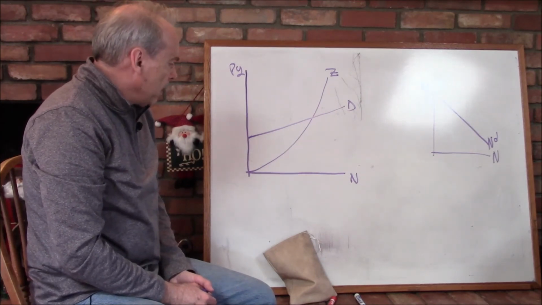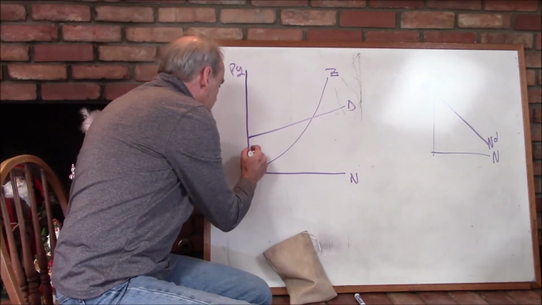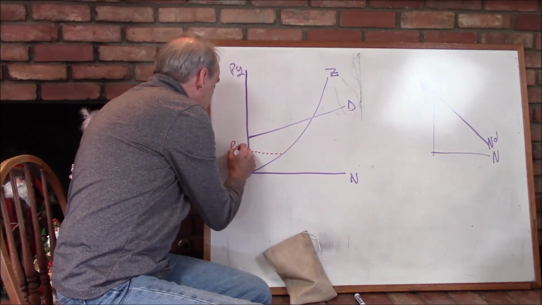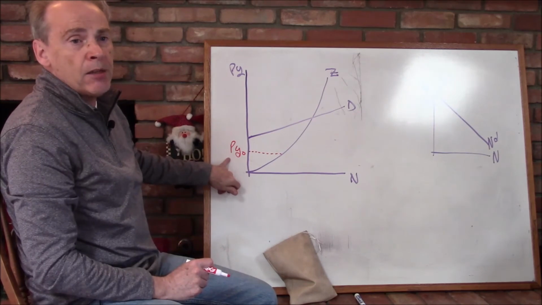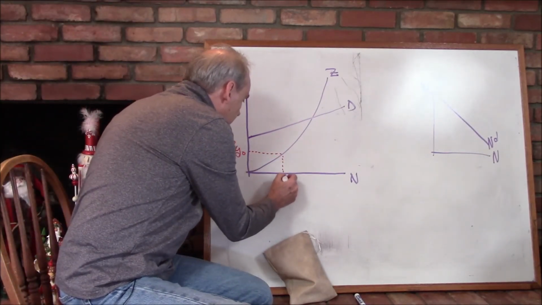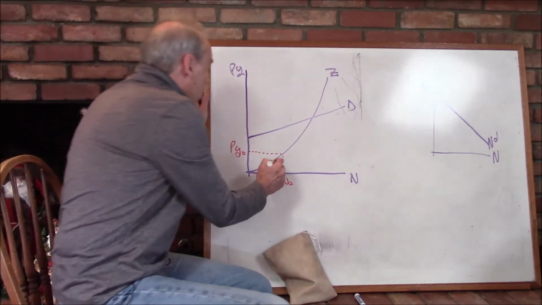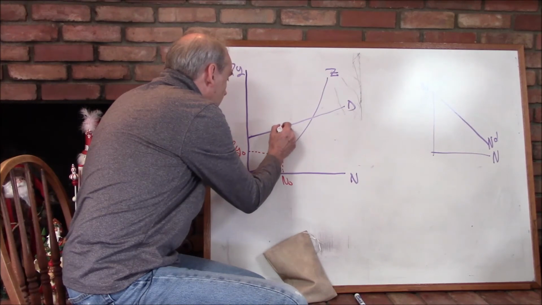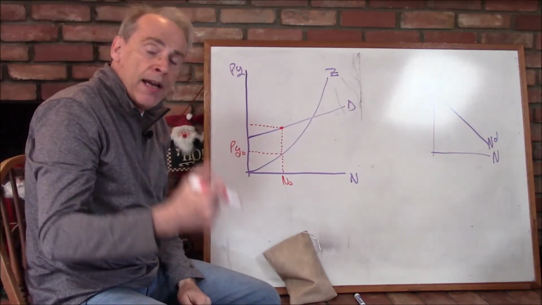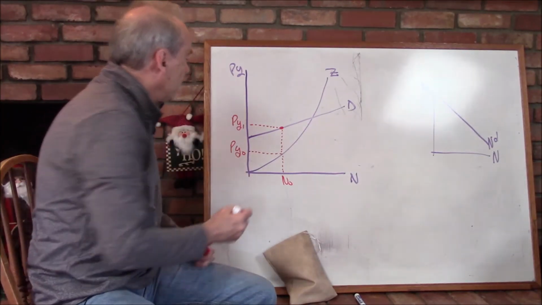Now, let's see. Let's say that firms decided that they were going to sell, they forecast their sales as PY sub 0. So they therefore hired N sub 0 workers. But N sub 0 workers spent, in combination with I and G and X minus M, PY sub 1.